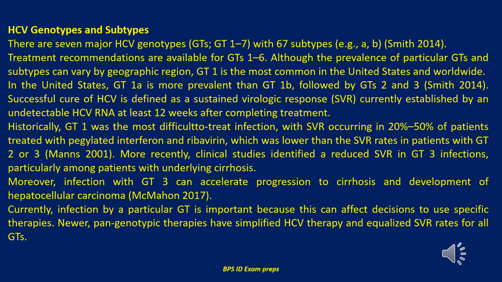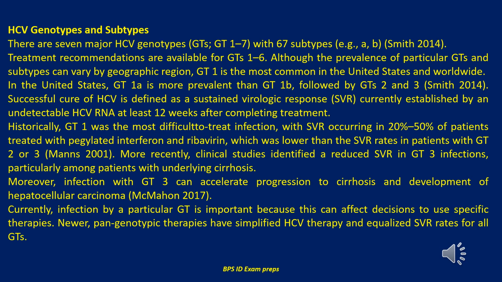In the United States, genotype 1A is more prevalent than genotype 1B, followed by genotypes 2 and 3, according to Smith 2014.